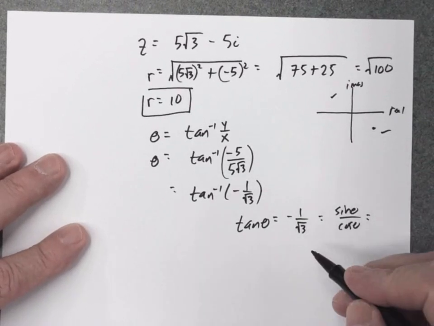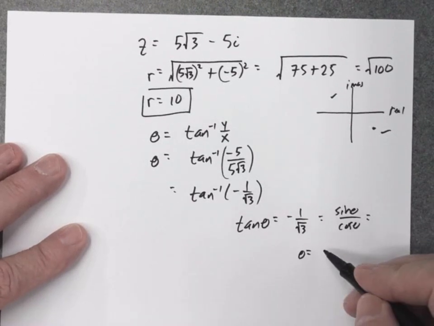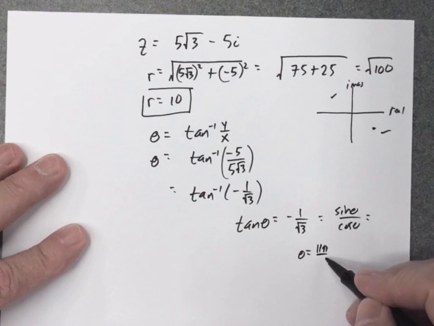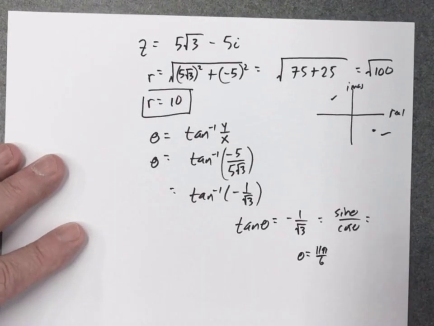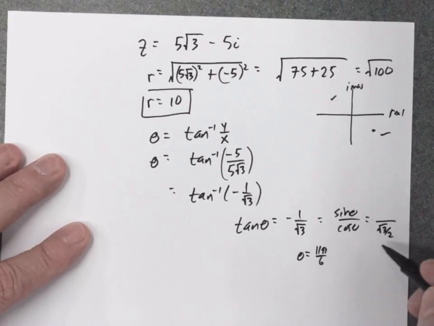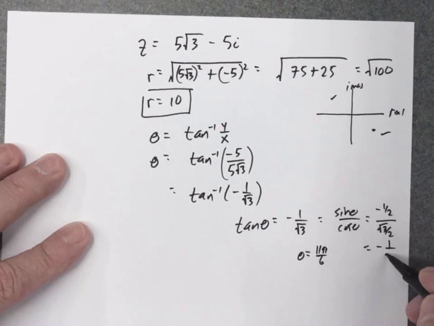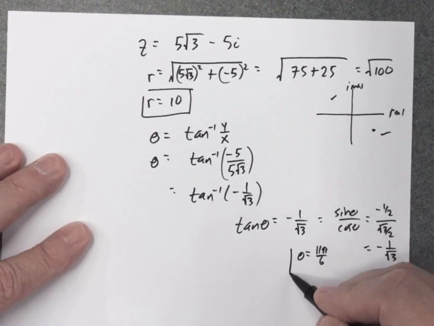You realize that when theta is, in this case, 11 pi over 6, the cosine is square root of 3 over 2, and the sine is -1/2. And when these cancel out, you get this.